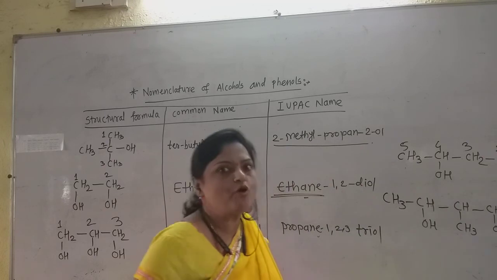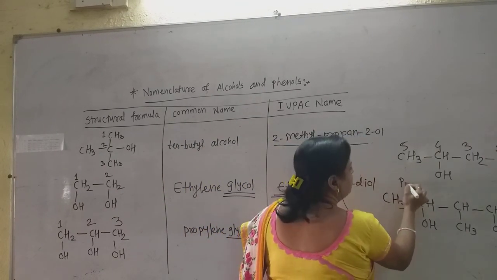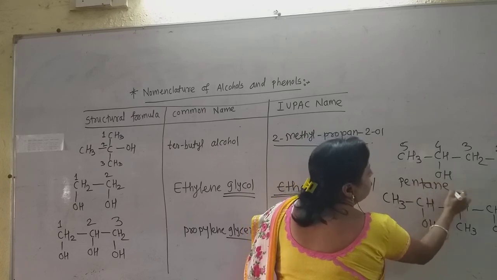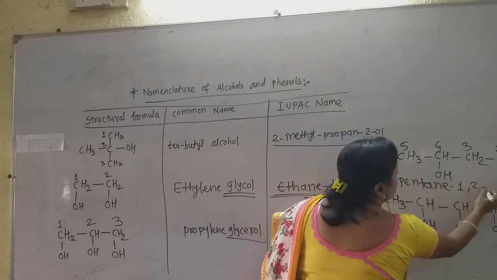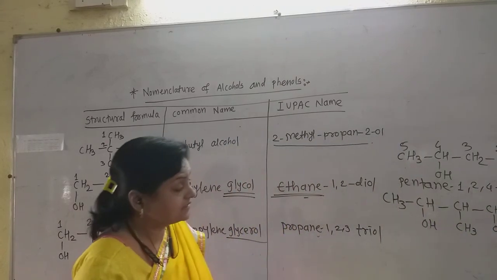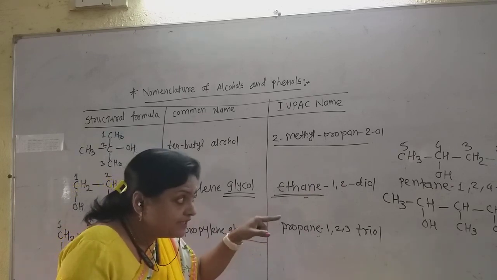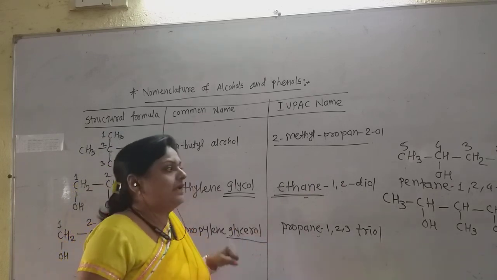The name of this triol is: this is the parent alkane, pentane, 1, 2, 4 triol. That is the name. That is very simple to give the IUPAC name for such type of triol. But what is the name of the below example?